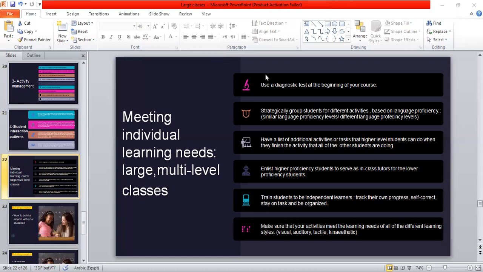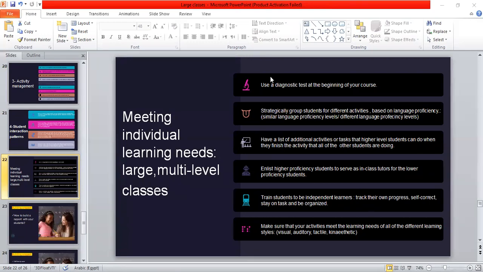So again, when I have high level and low level students, I can ask the high level students to help the lower level students. Peer learning. Yes, that's it. Thank you, Noha. It's peer learning.